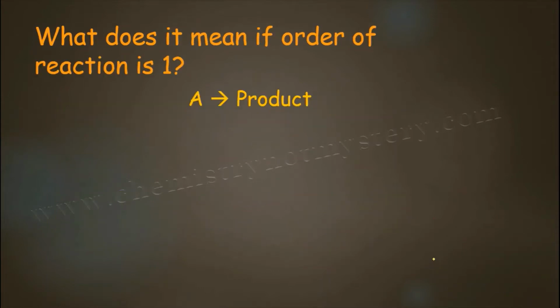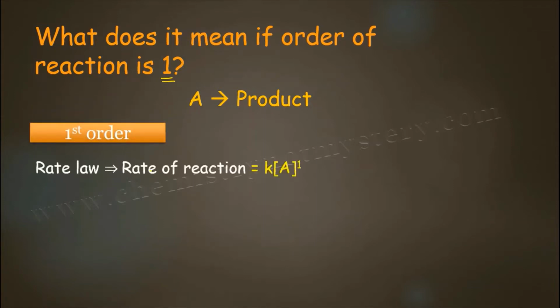But what does it mean if the order of reaction is 1? For this given equation, when you write the rate law for a first order reaction, you will get rate of reaction is equal to K into concentration of A raised to the power 1. As we just discussed, rate law defines how the rate of reaction varies on changing the reactant concentration.